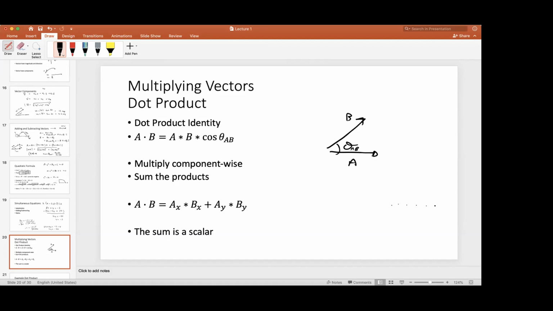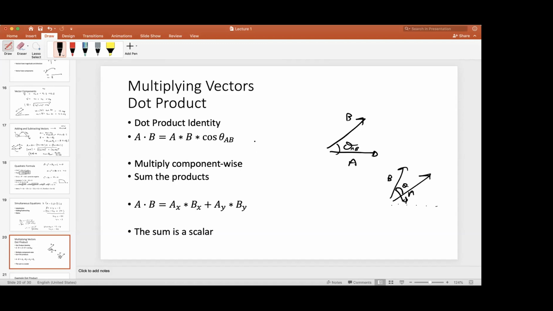I could have some x-axis here, and I could have A, and I could have B, okay? This is that angle. There could be some other phi angle from X to B, or phi from the ground to A, whatever. The angle I'm talking about is the angle between the two vectors, right?